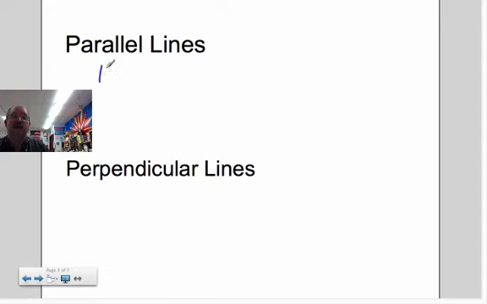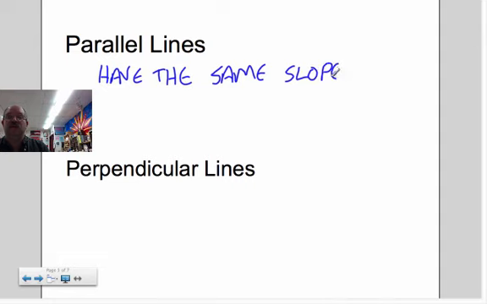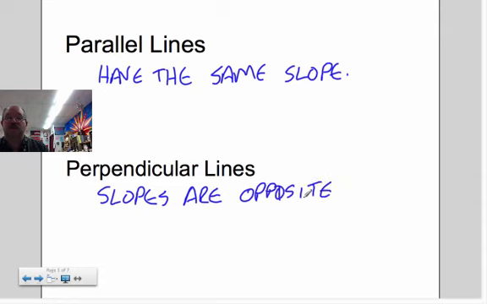Parallel lines have the same slope. Period. Perpendicular lines, their slopes are opposite reciprocals.